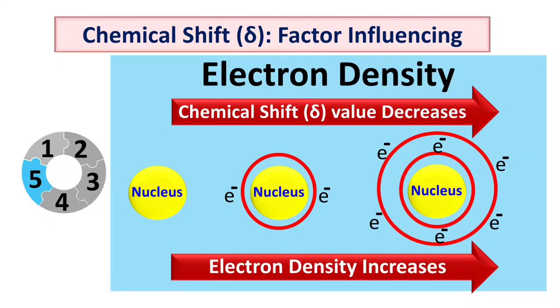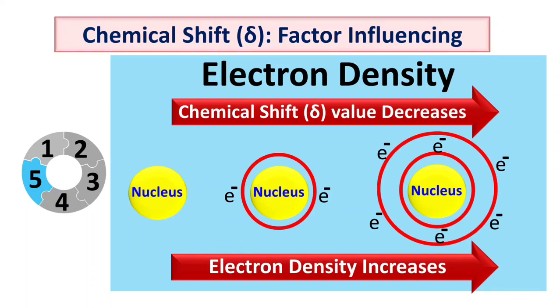This is a very important aspect, and the answer can be explained in a simple way. If you have more electron density at the active nucleus, and you are studying this kind of active nucleus by H1 NMR spectroscopy using an external magnetic field H0, what happens is that some of the magnetic field is consumed by the electrons which are revolving around the nucleus.